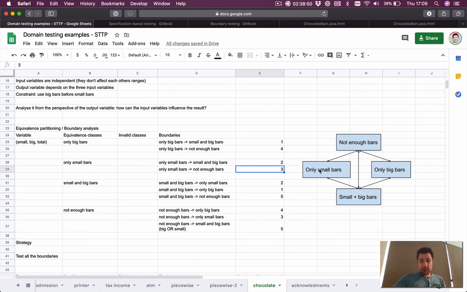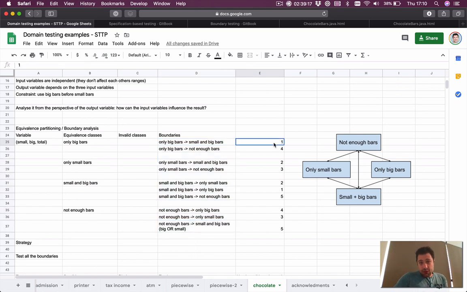And if we then transform these back to the equivalence partitioning table, so these boxes are the 4 partitions that we observe, and the boundaries are basically the arrows, right? So we have 1, 2, 3, 4, 5 arrows, and they have 2 sides, so at the end we have 10 here.